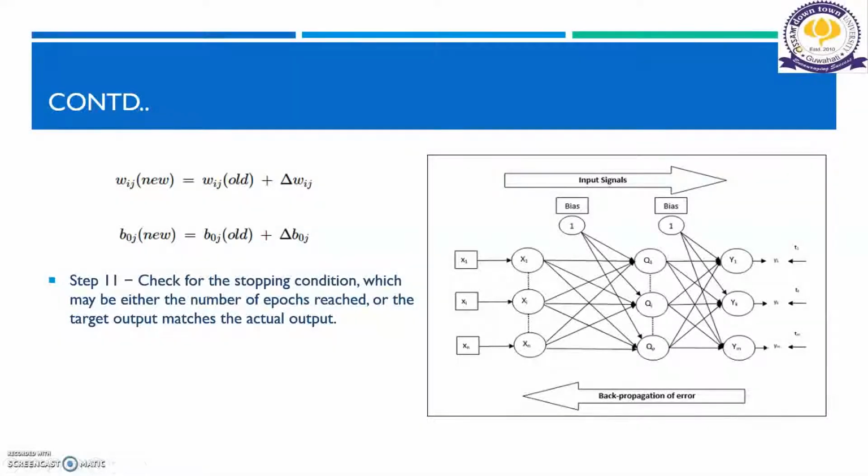This process will continue until it reaches the global minima, or either the number of epochs is reached or the target output finally matches the actual output, and this is the stopping condition.